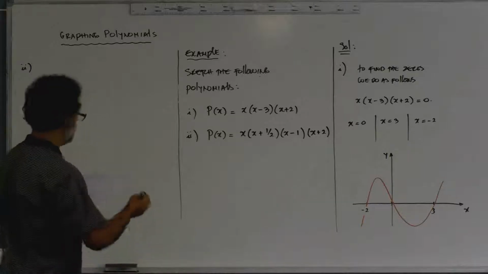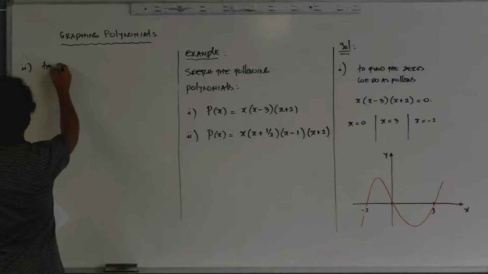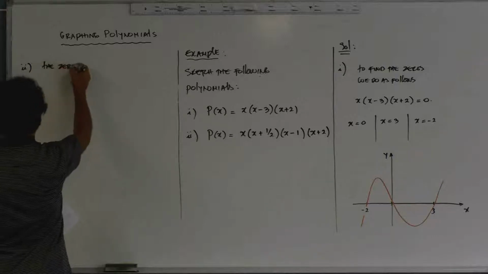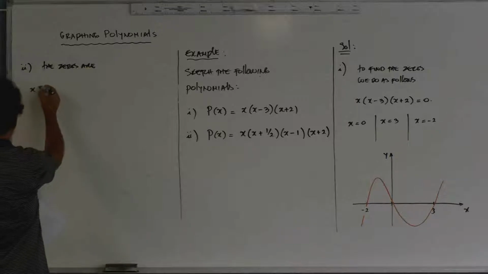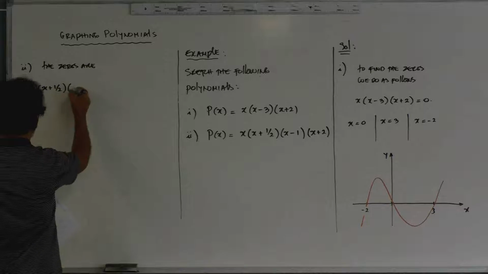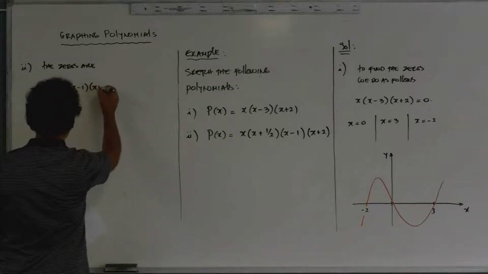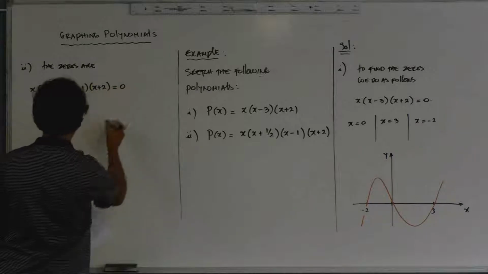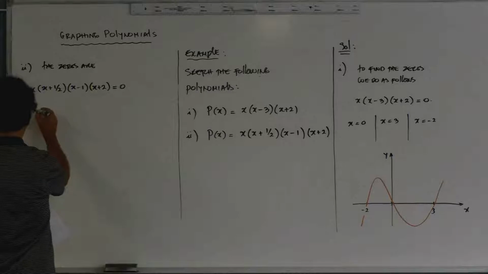So we find the zeros. We set this to be equal to 0, and then we break it up into factors. So you're going to have x equals 0.